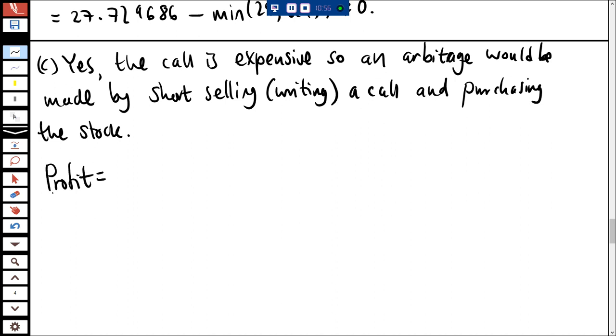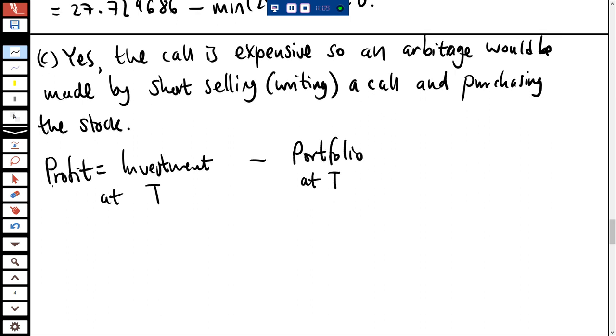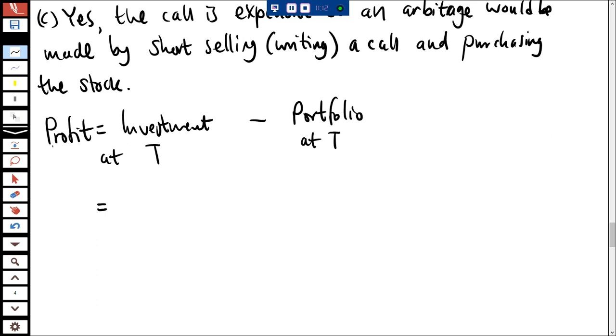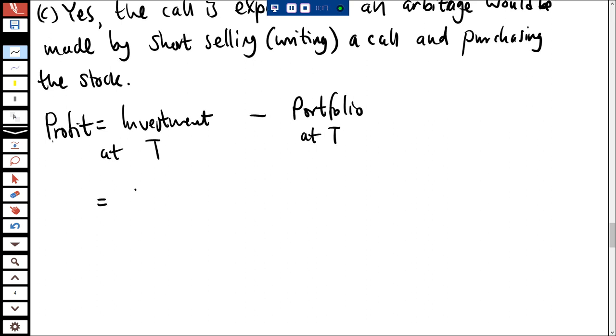So the profit in this case would be the investment value at time T minus the portfolio at T. So we have the call, take away the share price. That would be what we made on it, and we want to put that into the future value.